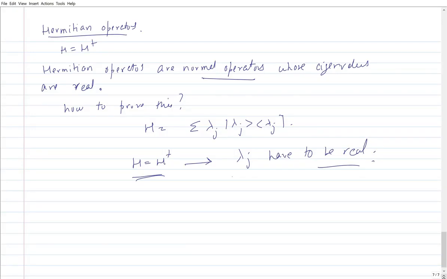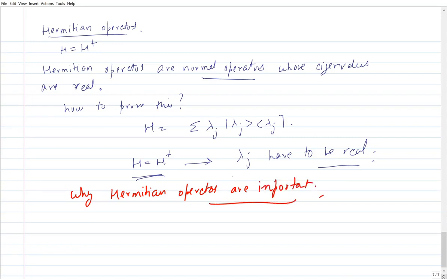Why are Hermitian operators important? Well, as you know, quantum mechanically, what we measure is always going to be an eigenvalue of a Hermitian operator, and all our measurements in physics essentially have to map onto a number line. This is my number line with 0.